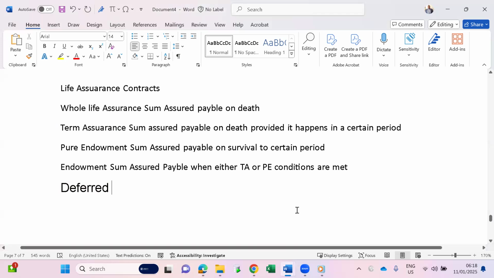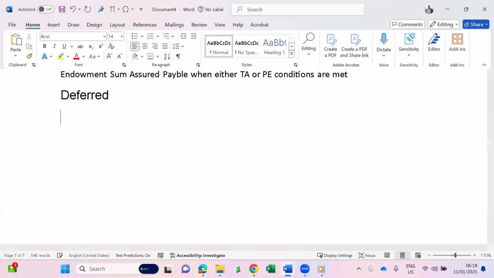So that's all that we're going to look at, and provide formulas for those. As we start, we're going to start with the whole life assurance.